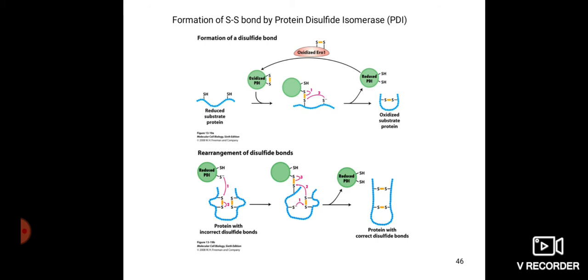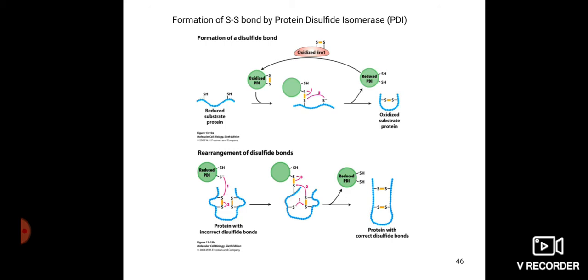It generally forms disulfide bonds within the endoplasmic reticular lumen. First there will be oxidation of the sulfhydryl groups of cysteine amino acids, which is involved in the formation of the disulfide linkage, and later this particular disulfide isomerase isomerizes, means it alters these disulfide linkages, establishes the proper disulfide linkage and rearranges it.